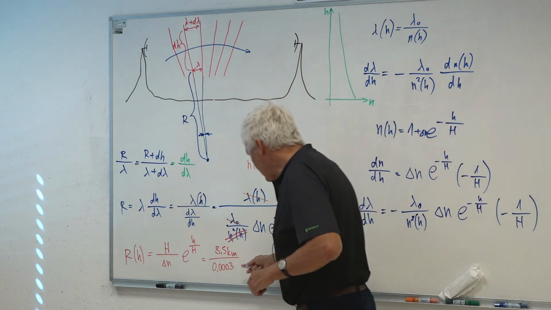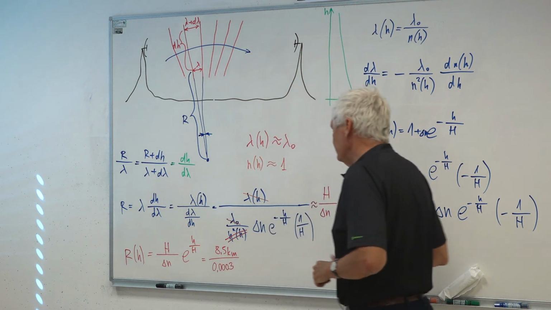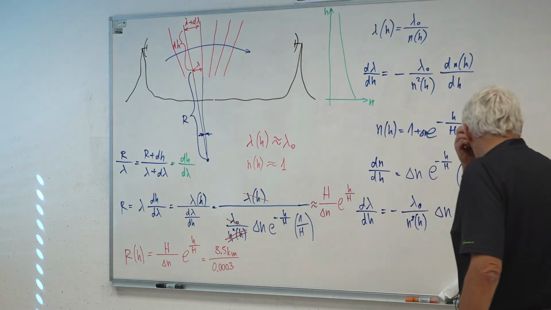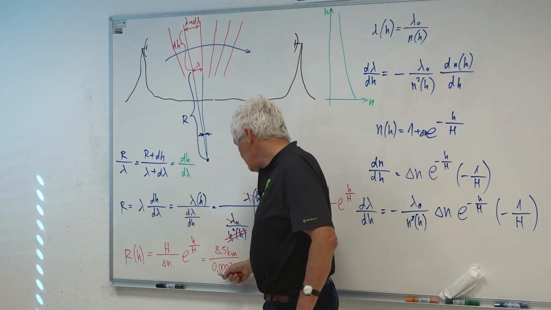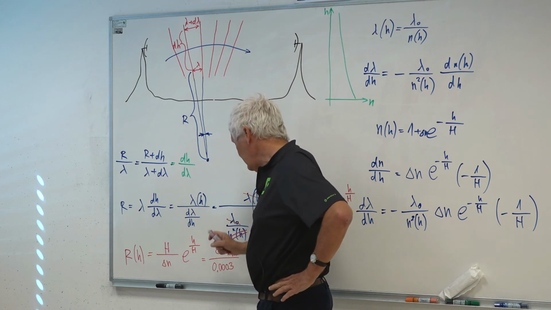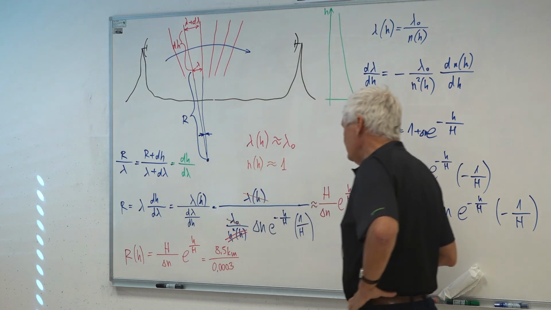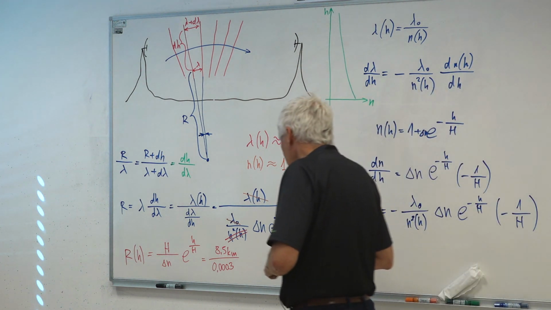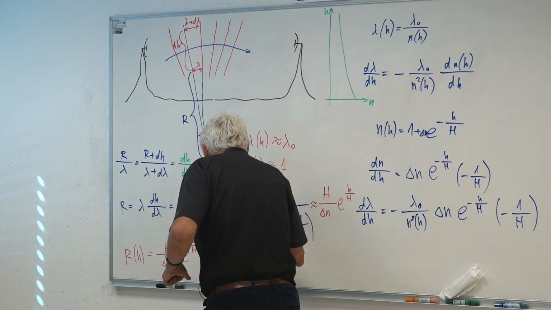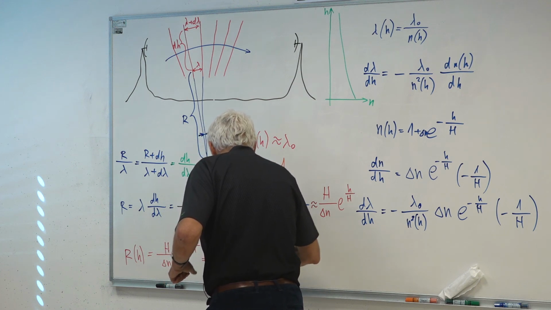For light, it will be half that value of delta n. But this thing now divided is 3 times 10 to the minus 4. 8.5 kilometers times 10 to the 4th power is 85,000 kilometers. 85,000 divided by 3, I get 2.